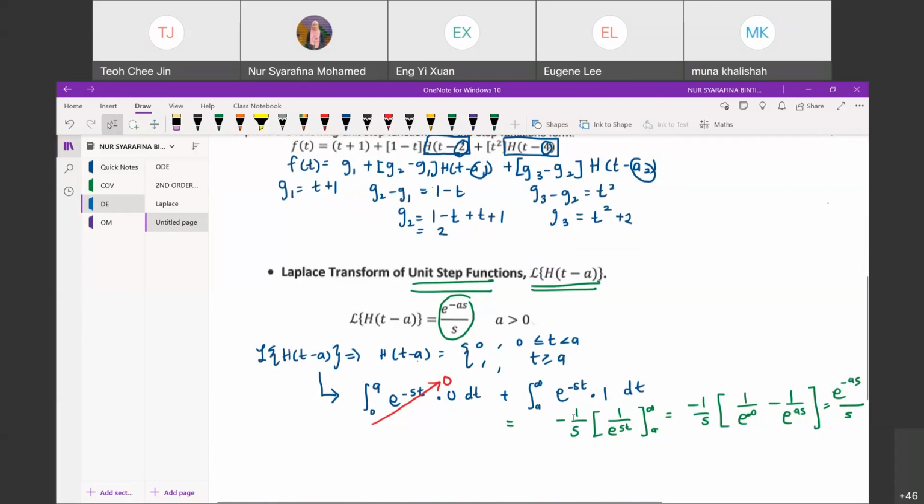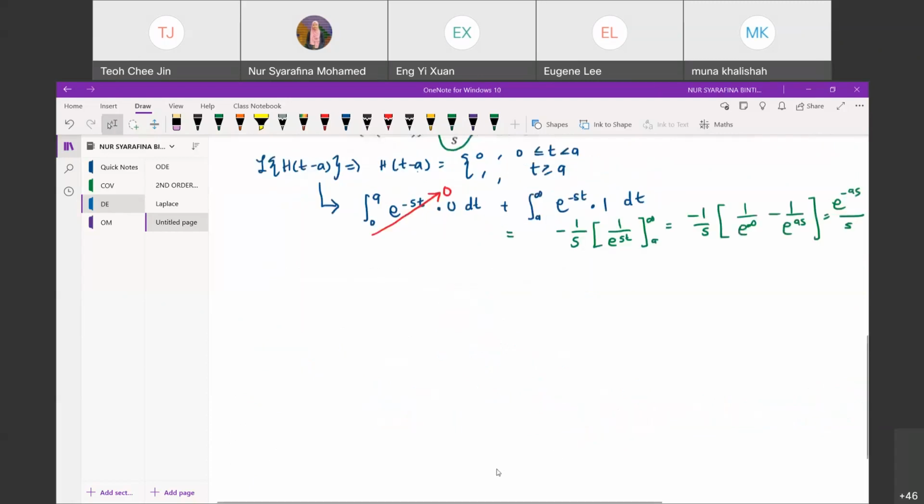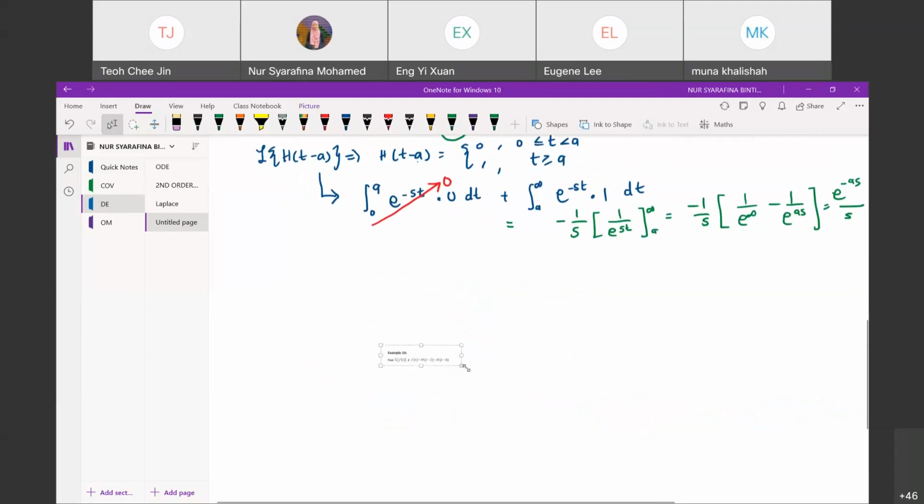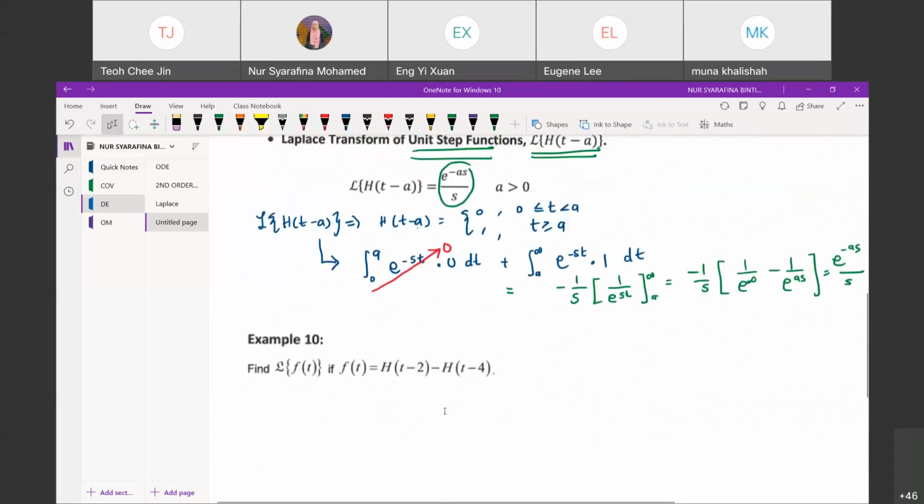All right, so this is the proving process on why the transform of h(t minus a) becomes e to the power minus as over s. Okay, so let's take a look at this example. So you know that the transform of h(t minus a) will give you e to the power minus as over s. So now we have f(t) equals h(t minus 2) minus h(t minus 4).